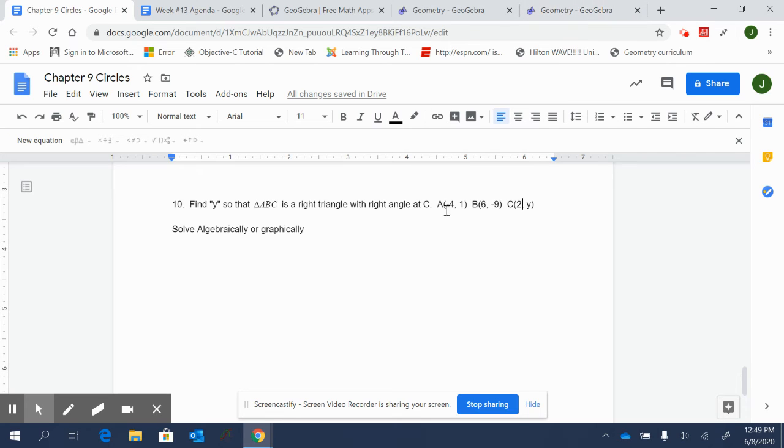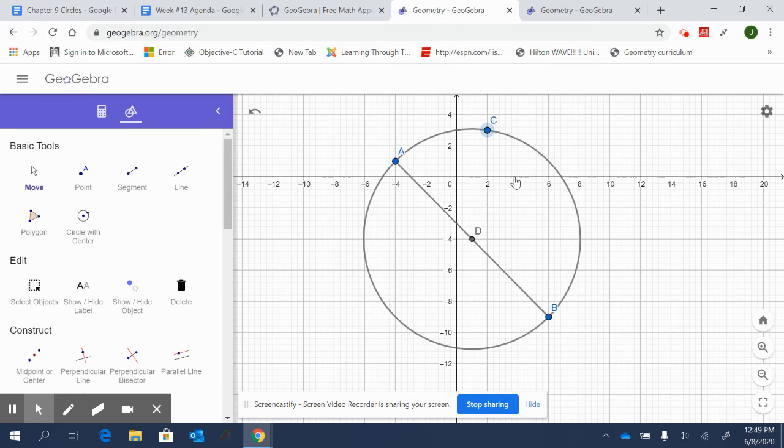So for this particular problem, they're going to make it a little more challenging. Of course, one location that would make it a right triangle would be over at -4, -9.